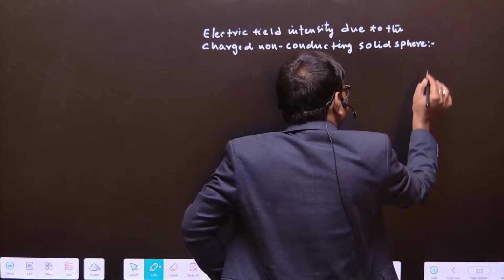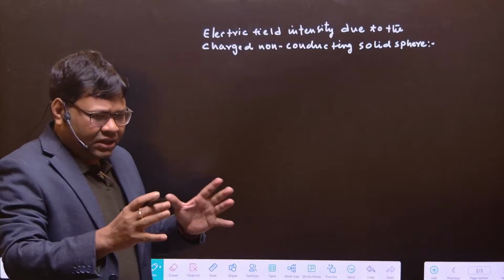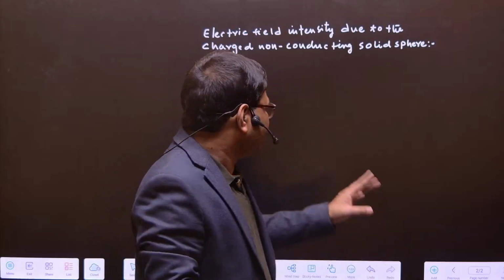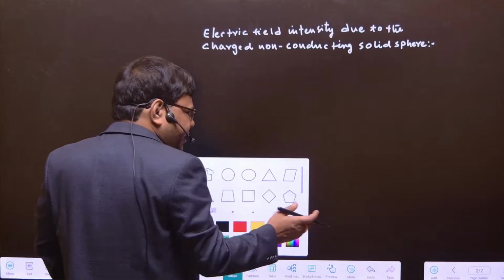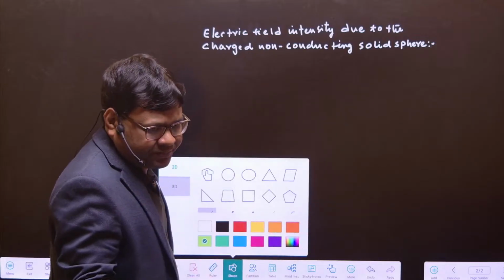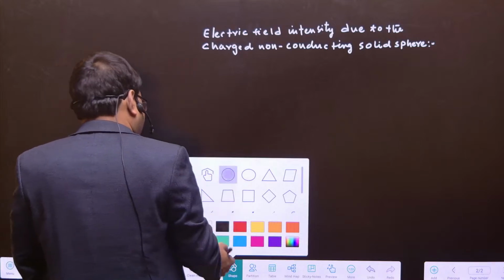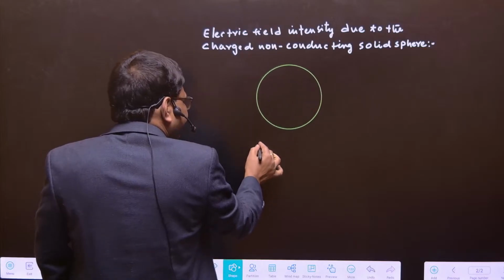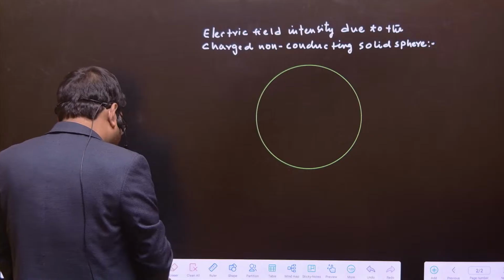Solid means there is material inside, inside the sphere material is there. First I am drawing the solid sphere, non-conducting. Non-conducting means insulating material, like a dielectric material. Now see, assume this is the solid sphere, non-conducting.